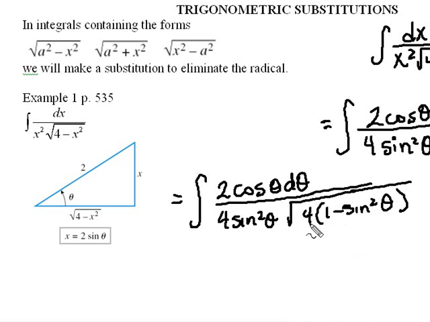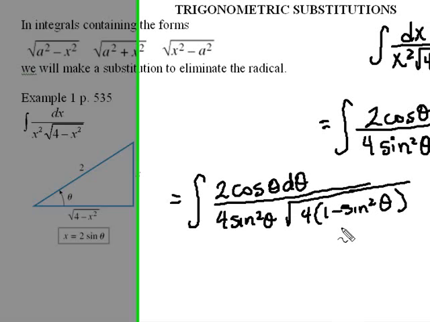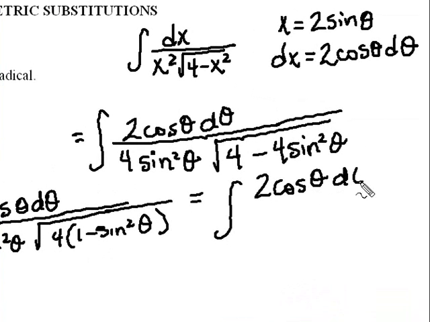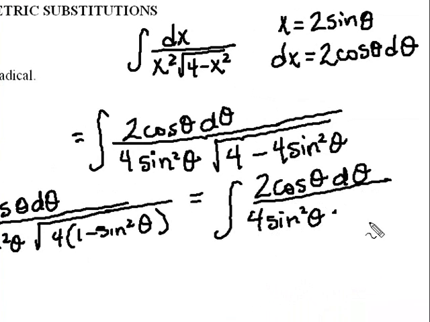And 1 minus sine squared theta is the same as cosine squared theta. So simplifying, we have 2 cosine of theta d theta over 4 sine squared theta times the square root of 4 is 2, and the square root of cosine squared is cosine of theta. Actually it's the absolute value of the cosine of theta, but I'll explain in a minute what restrictions we're going to have to place on x and theta in order to avoid having to worry about that.